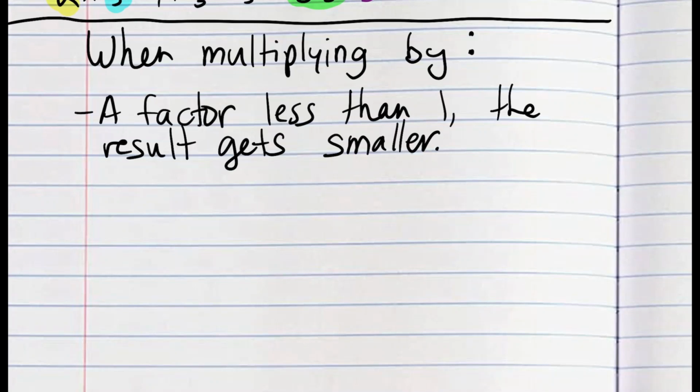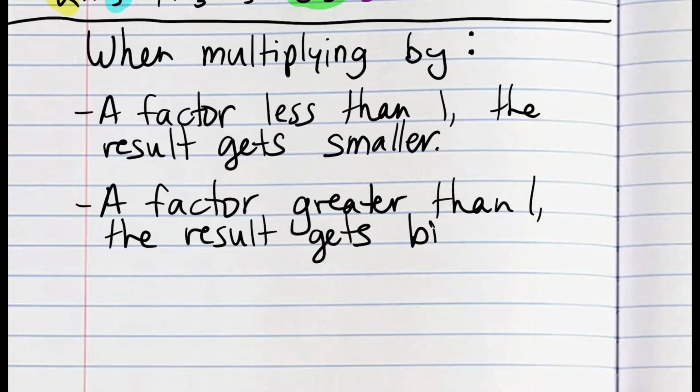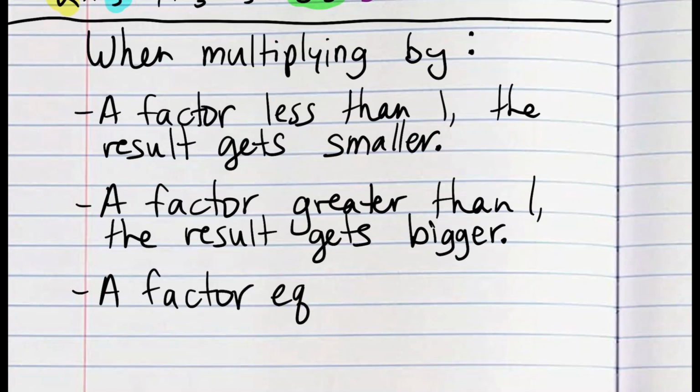My example was 2 times a factor that's less than 1 will give me an answer that's smaller than my starting number of 2. When I multiply by a factor greater than 1, the result gets bigger. And when I multiply by a factor equal to 1, the result stays the same.